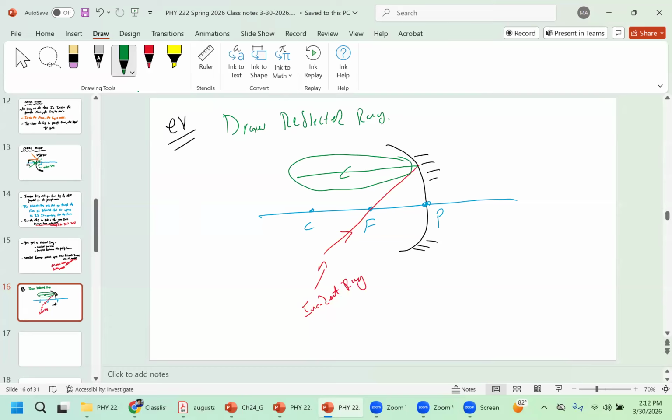Now, what type of mirror is this? Concave, right?